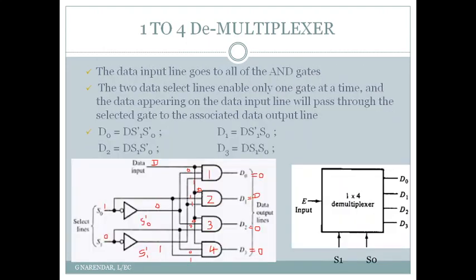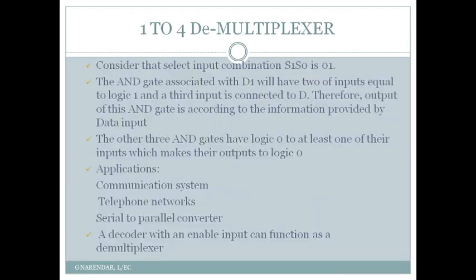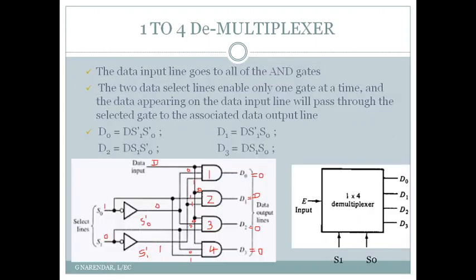This was explained for a particular bit combination for the select lines S1 and S0, that is 0 and 1.